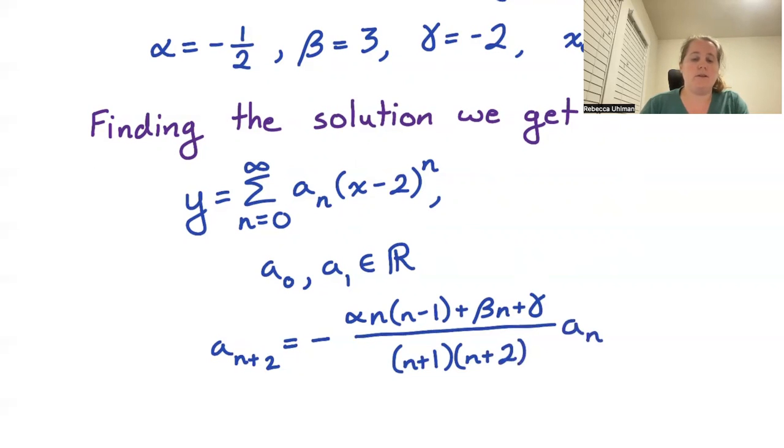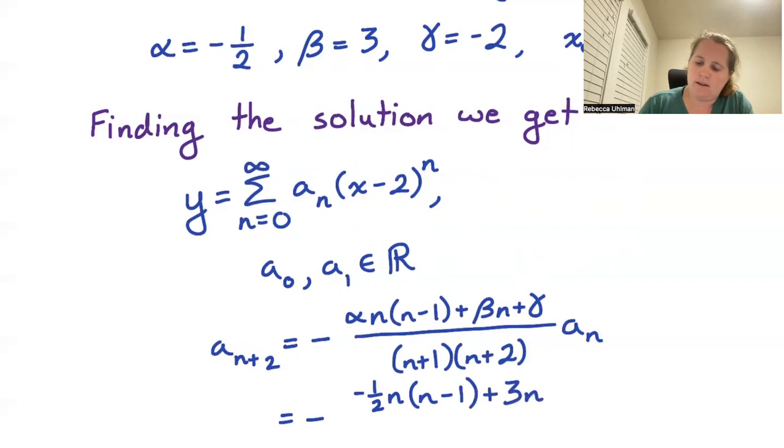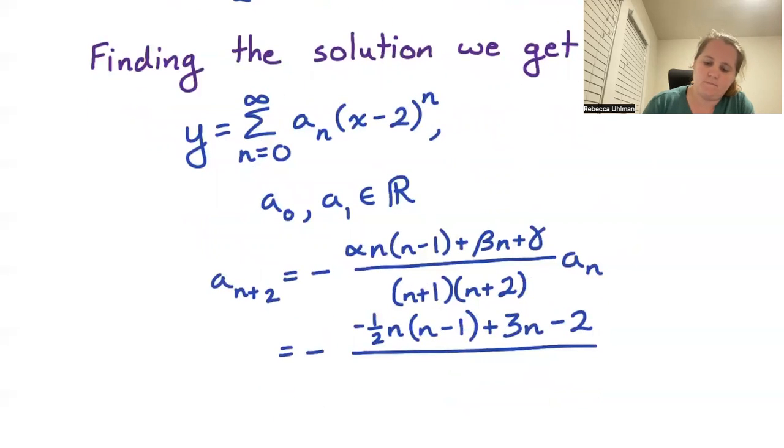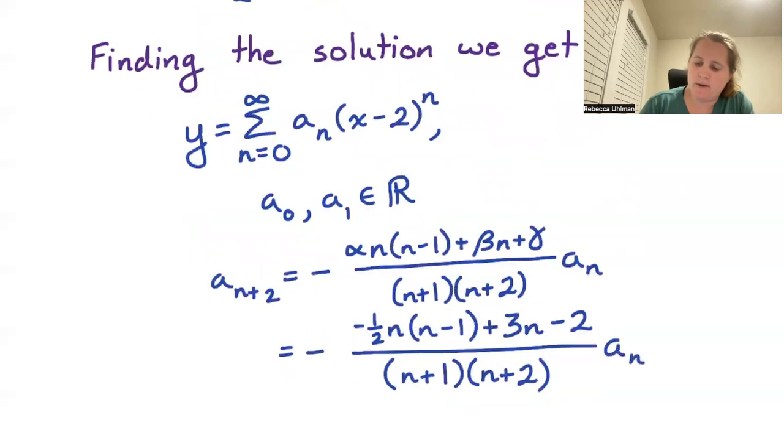And of course, our alpha is negative 1/2, so we have a negative out front. Then negative 1/2 times n minus 1, our beta is 3 so plus 3n, and then minus 2, all divided by n plus 1 times n plus 2, and then multiplied by a sub n.